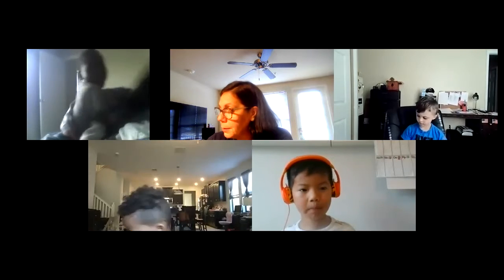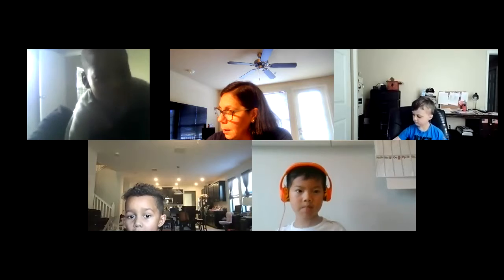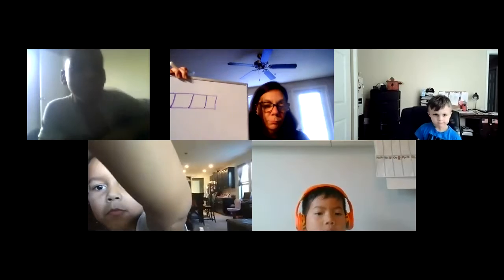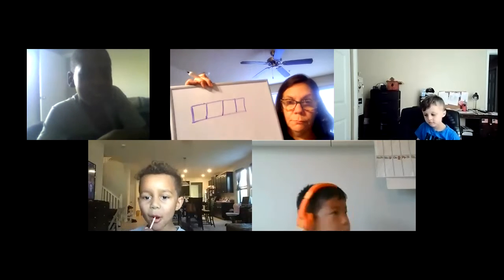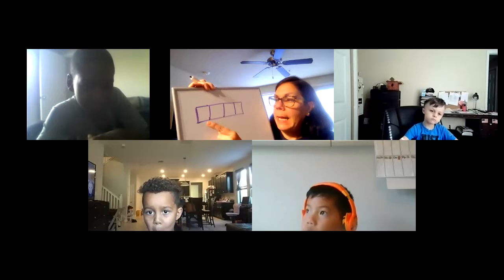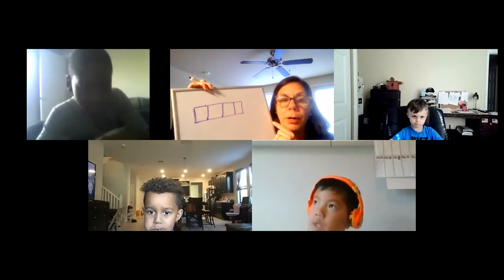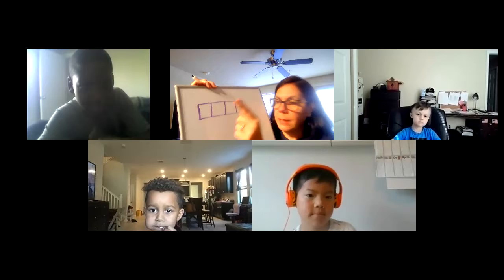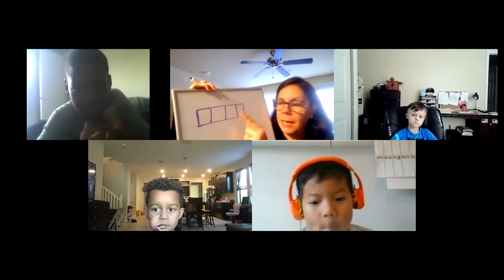Again, equal parts. Okay, so think of this as a Hershey's bar. I went to the supermarket, I picked up a Hershey's bar, and I cut it into 4 parts. 1 part for Lamont, 1 part for Anthony, 1 part for Elijah, 1 part for Cooper. Now, all of you would get the same.